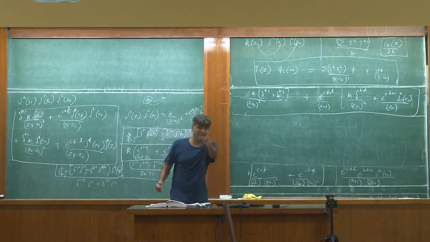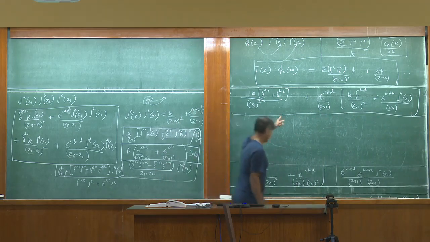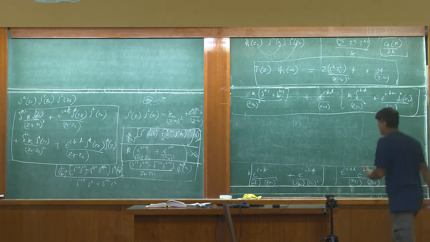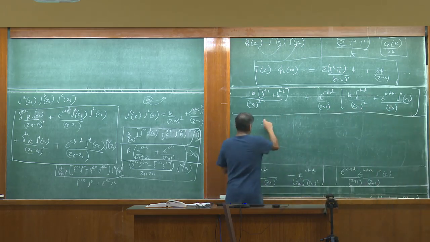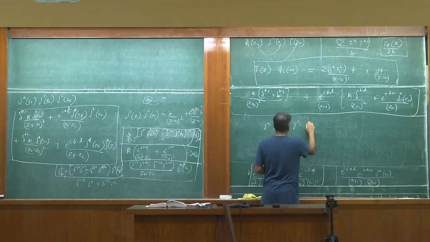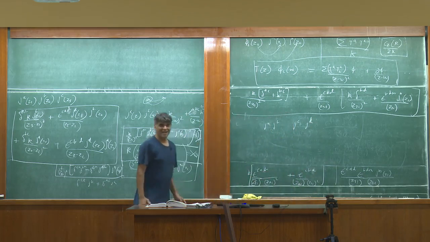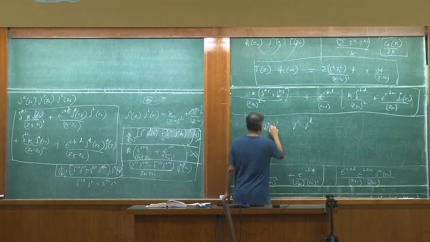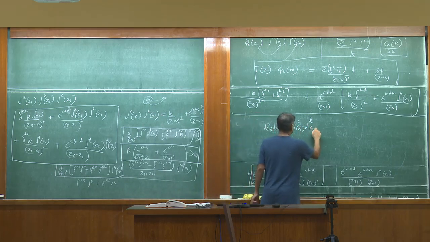Let me say one more thing before that. The last thing I wanted to say is that there's a third exercise that you can do, which is take J^A, J^B, J^C, J^D, and let's look at these as z1, z2, z3, z4.